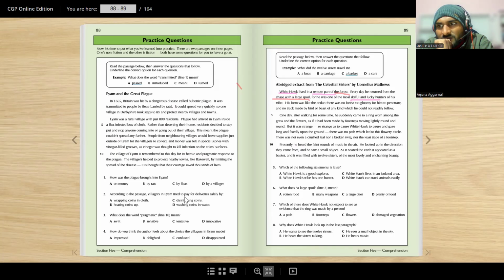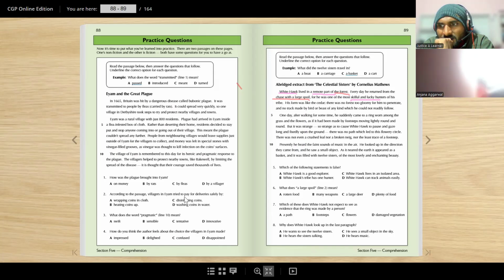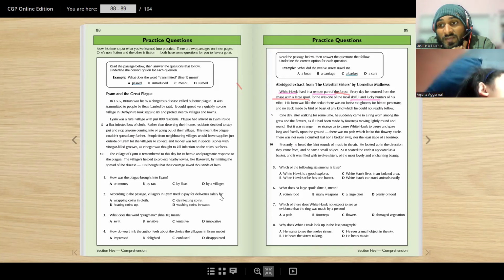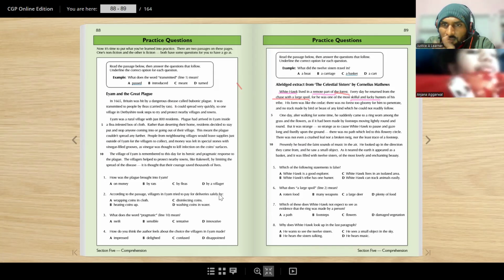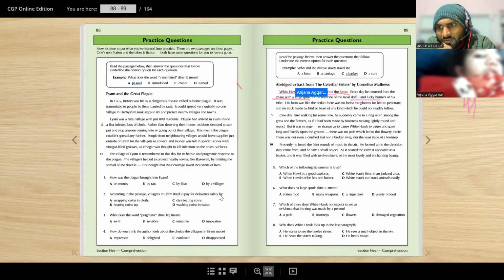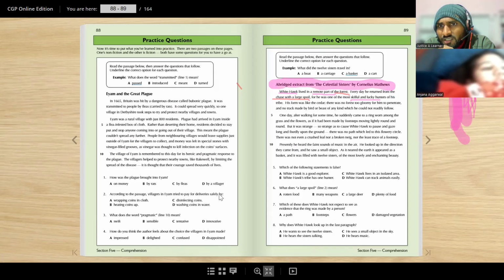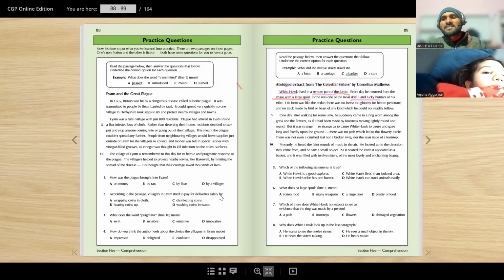Every day he returned from the chase with a large spoil. Spoil can also mean a spoiled child. But here, sometimes we say words like great spoil. Large spoil can mean immense treasure or riches obtained through victory. Victory can also be a successful effort, which can be termed great spoil. So large spoil or great spoil could be similar.